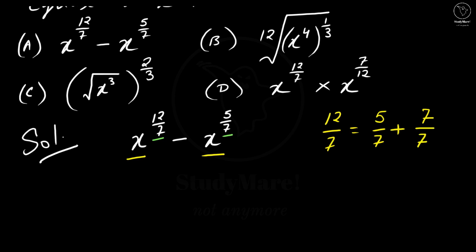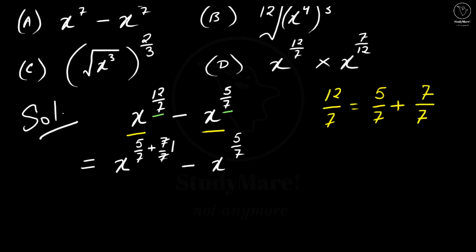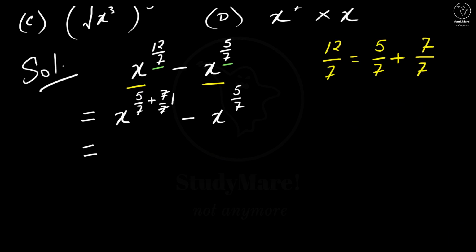Let's do this, which is equal to x to the power 5 by 7 plus 7 by 7 minus x to the power 5 by 7. 7 and 7 cancel out, giving us 1. So we have x to the power 5 by 7 plus 1 minus x to the power 5 by 7.